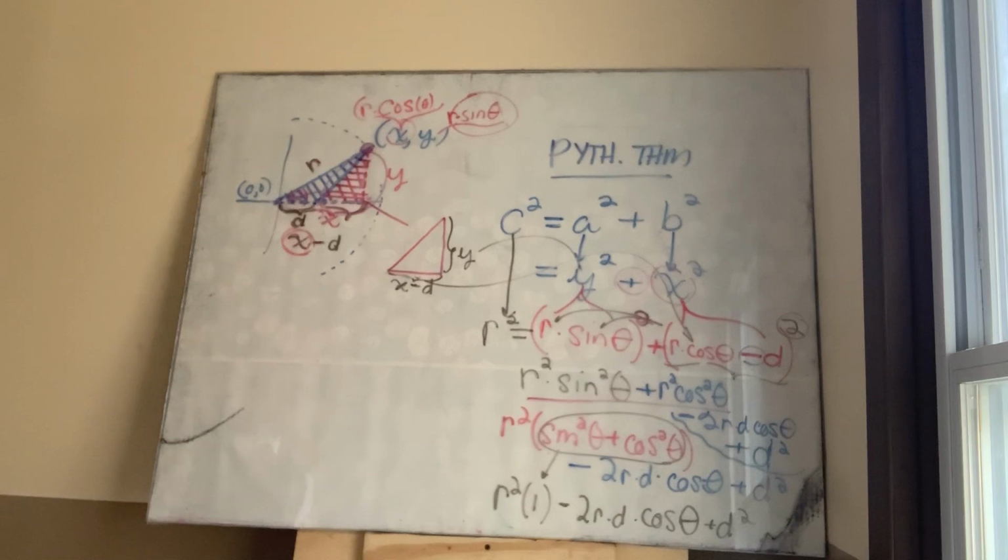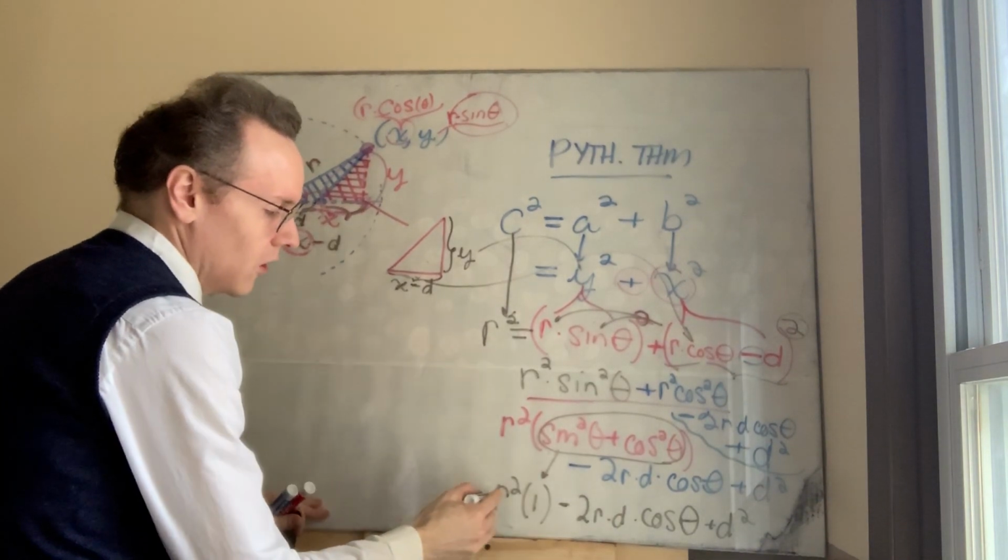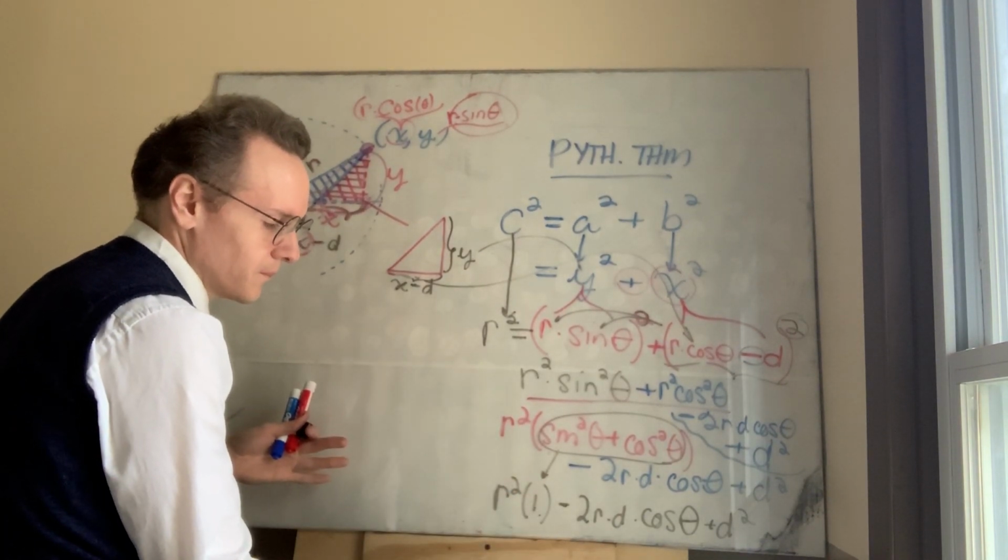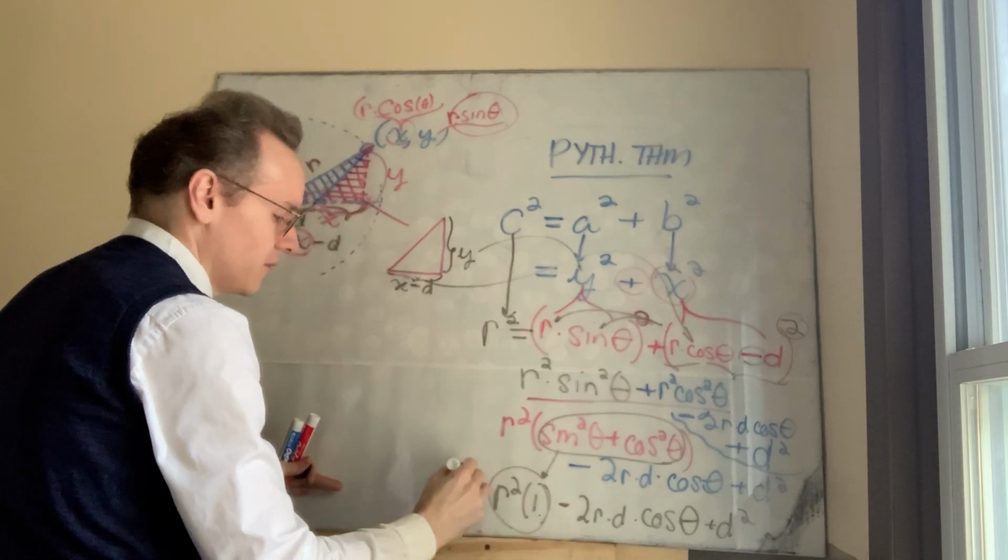Now, what ends up happening is this. r squared times 1 is just r squared.